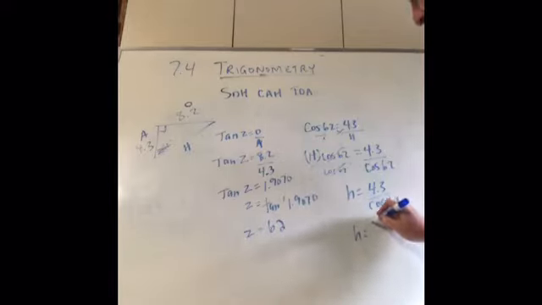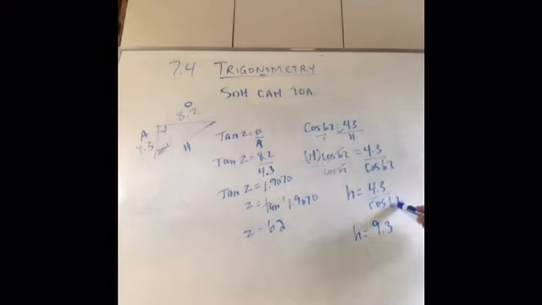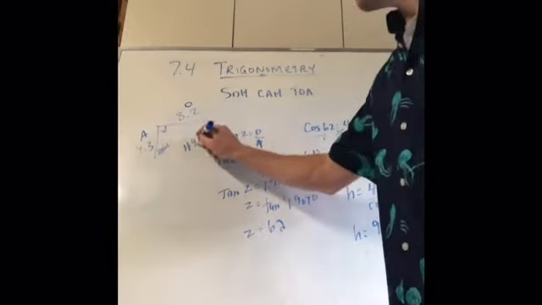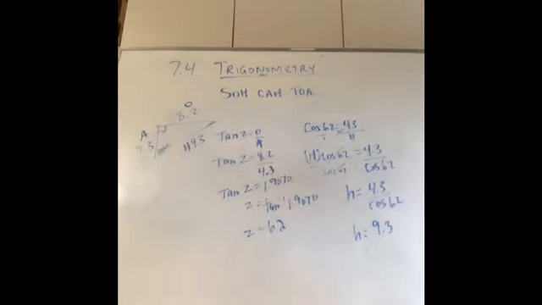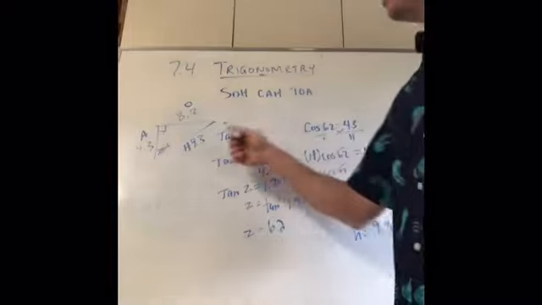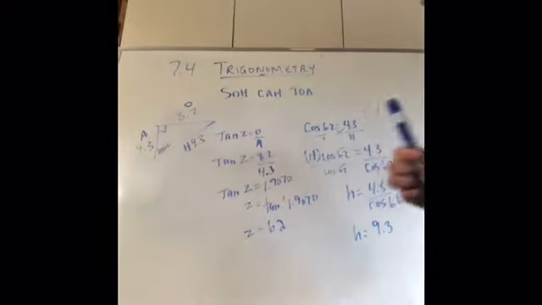And we get a value here of 9.3. You would do cosine 62 in your calculator, round to 4 digits, and then divide 4.3 by it, and we get 9.3. The last thing to do is just use your 180 rule. 180 minus 90 minus 62 gives us something like 28.